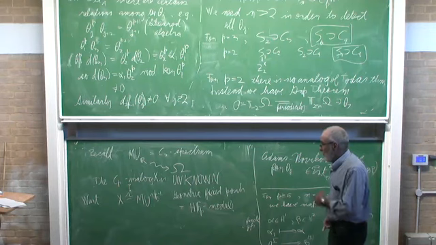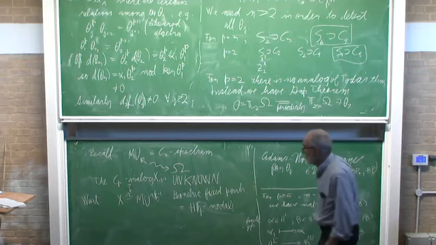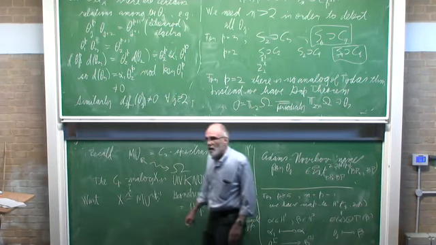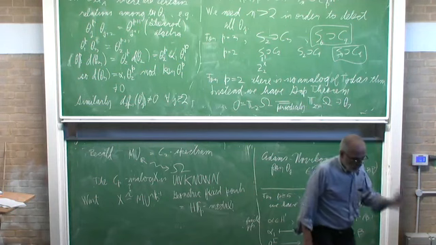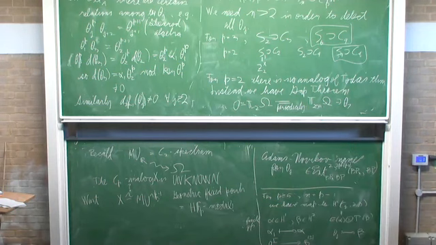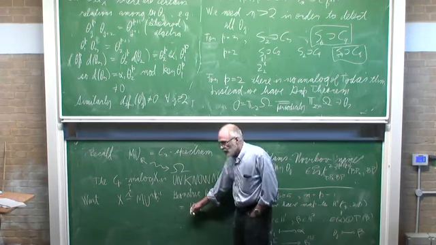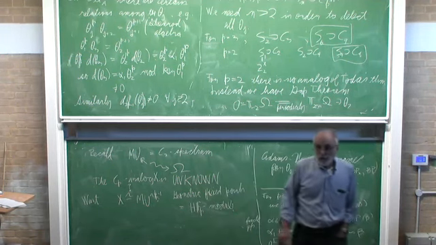So in order to make an odd primary analog of the HHR calculation, you need some spectrum that looks roughly like this as a substitute for MUR. It's supposed to have a CP acting on it in a suitable way, and the action is required to be such that the geometric fixed points is some sort of HFP module.